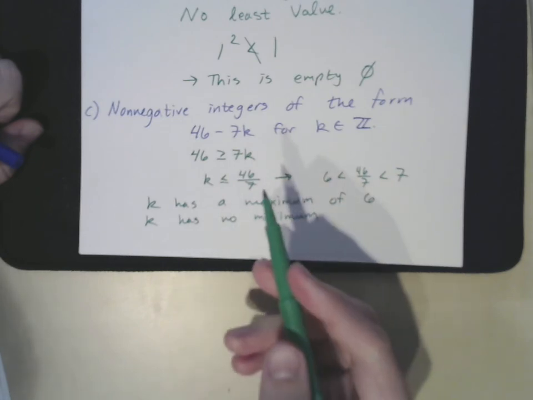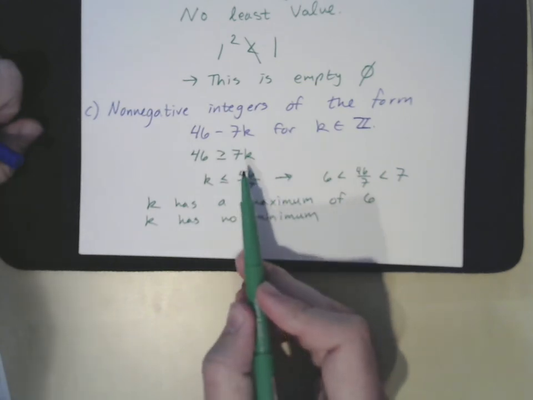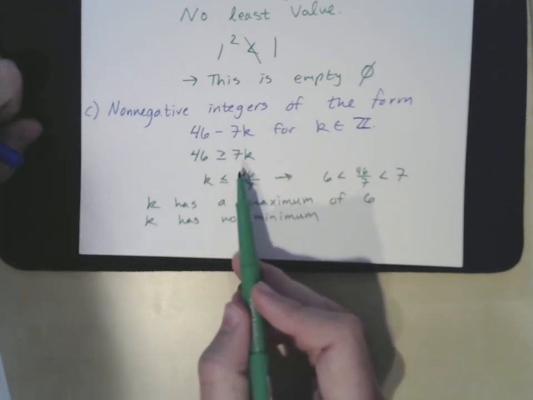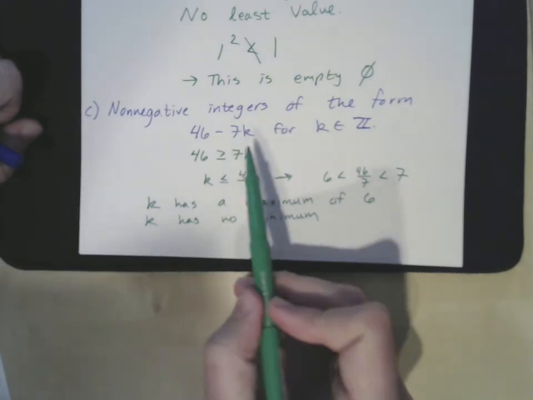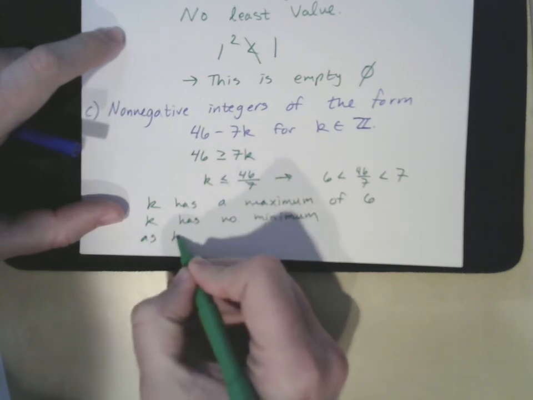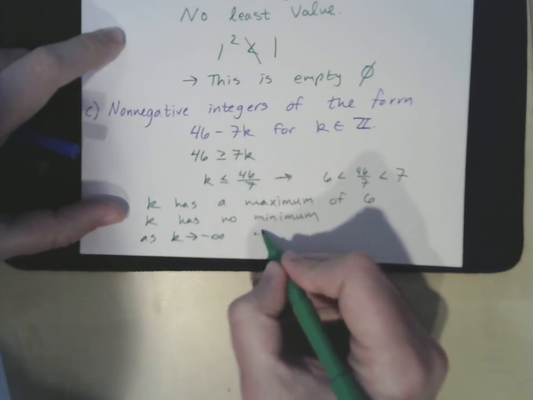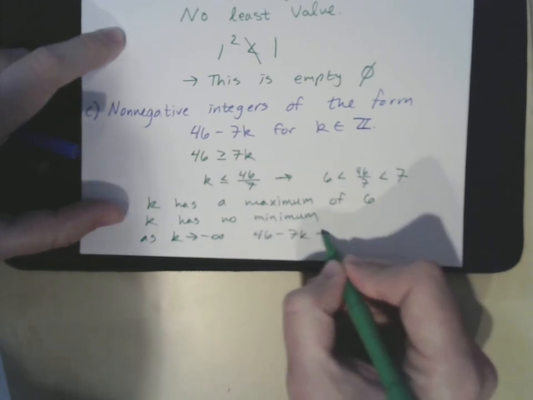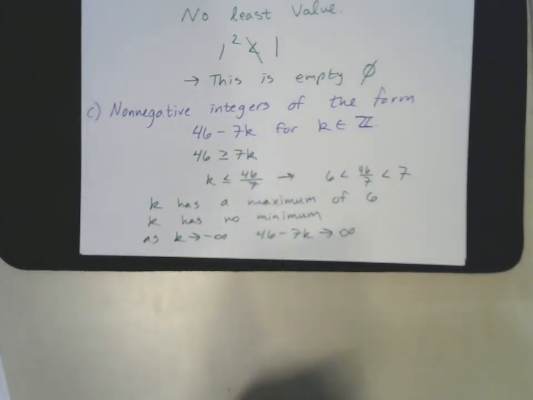Well, the answer here is yes, because these are non-negative integers. So while k has no minimum, k goes to negative infinity, and 46 minus 7k goes to positive infinity.